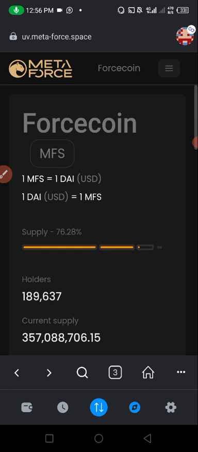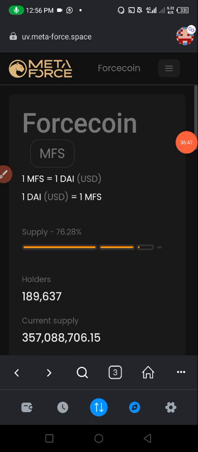So ForceCoin hitting the open market and increasing to $100 in a short period of time is very possible. For ForceCoin to hit $1,000 in a short period of time is very possible because the community is heavy. People are already waiting for this cryptocurrency to be released. So the demand will be high, the availability, which is the quantity, will be low.